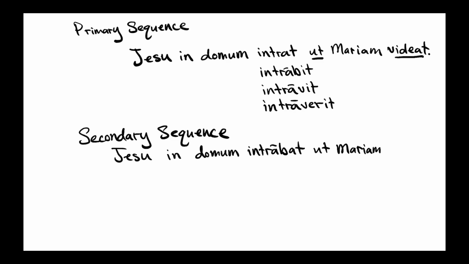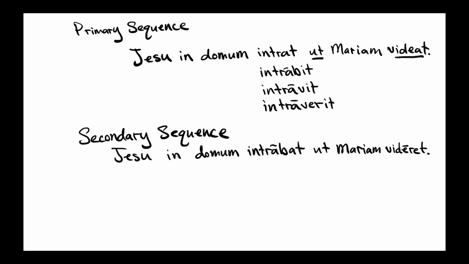And because we changed to a secondary sequence verb, now we've got to use that imperfect subjunctive if we want to do contemporaneous action. And so this is: Jesus was entering the house in order to see Mary.